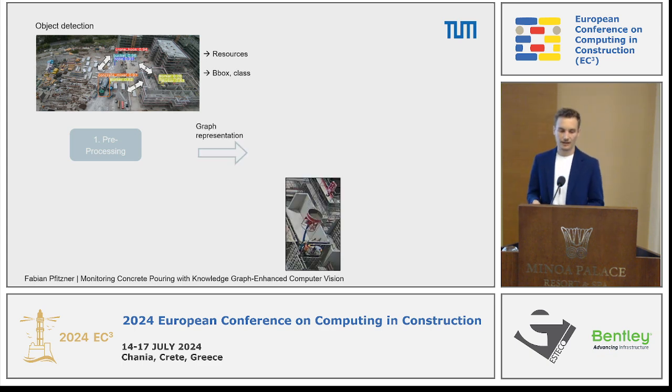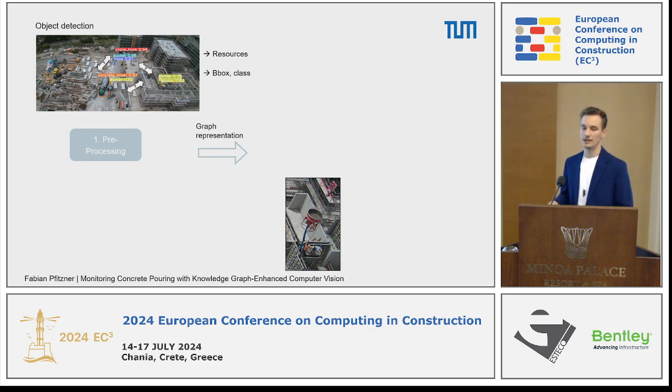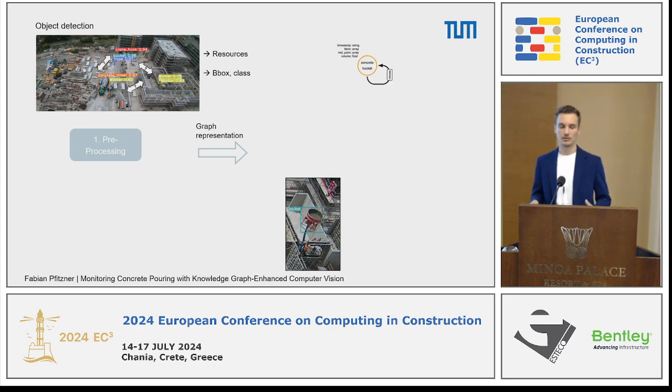To further develop this information and turn it into higher level information, we need to represent this in a graph representation. And there we need to focus specifically on our processes, in this case, concrete pouring. So we decided to develop an ontological model based on the key objects which are involved in this process, starting with a concrete bucket, right?